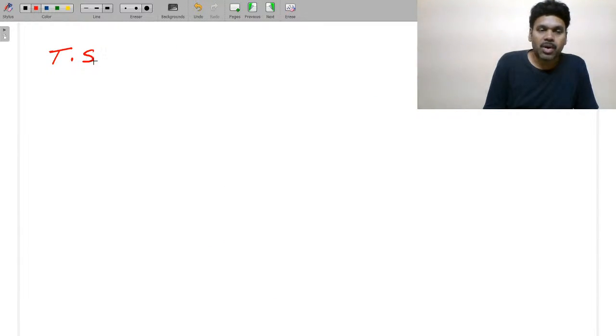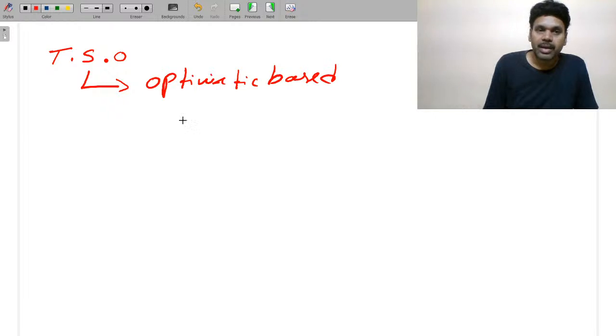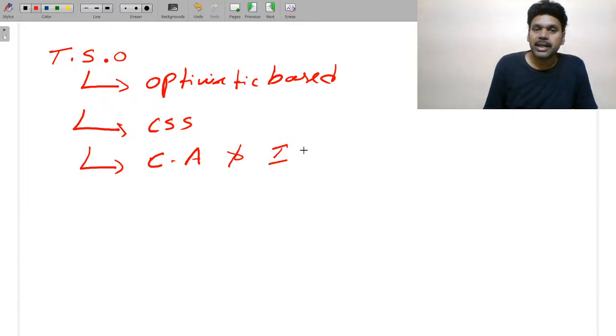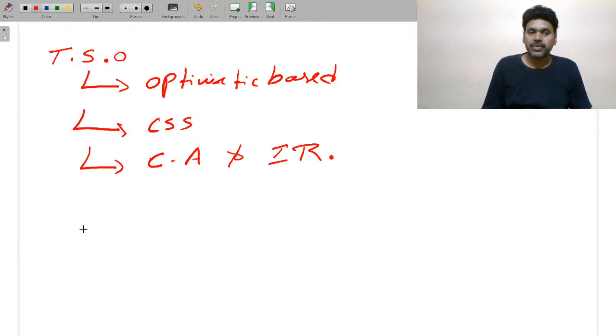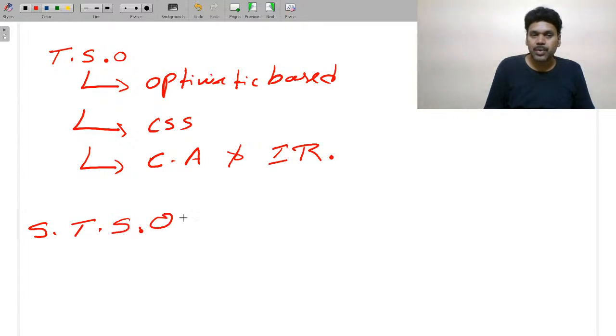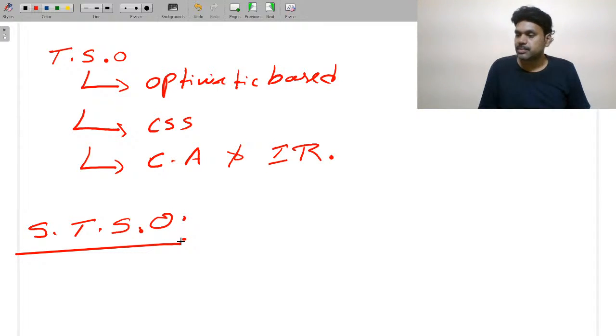Timestamp ordering is optimistic based, which tries to provide CSS, but has a chance of cascading aborts and irrecoverability. Therefore, there is a requirement called STSO. What is STSO?